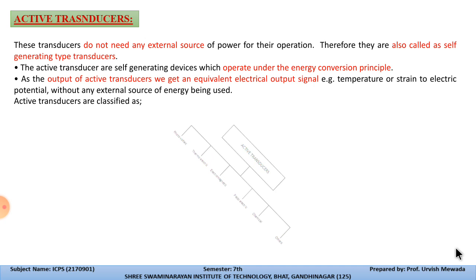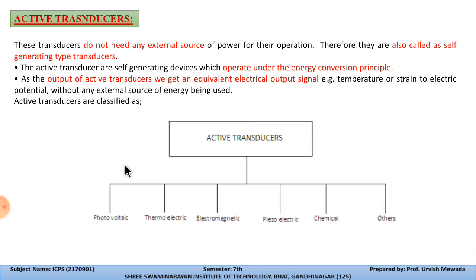Basically, active transducers are classified this way. The first is the photovoltaic transducer, then the thermoelectric transducer. The photovoltaic transducer is related to light, meaning if we impart light on this device, it converts that light into an electrical quantity.